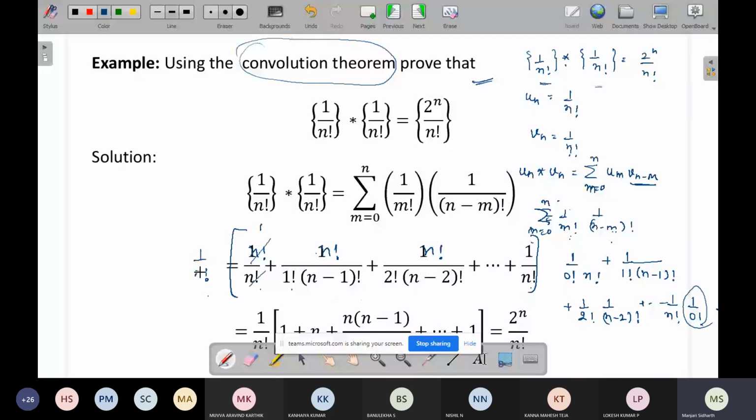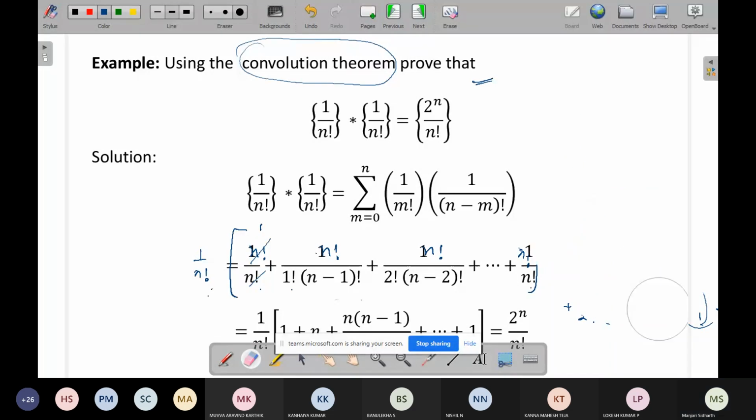Now if I simplify, outside it is 1 by n factorial, inside it is 1. Now this n factorial, how can I write? n into n minus 1 factorial. That means n and n minus 1 factorial is n factorial only, right? So I'm expanding this n factorial accordingly so that it will cancel out.